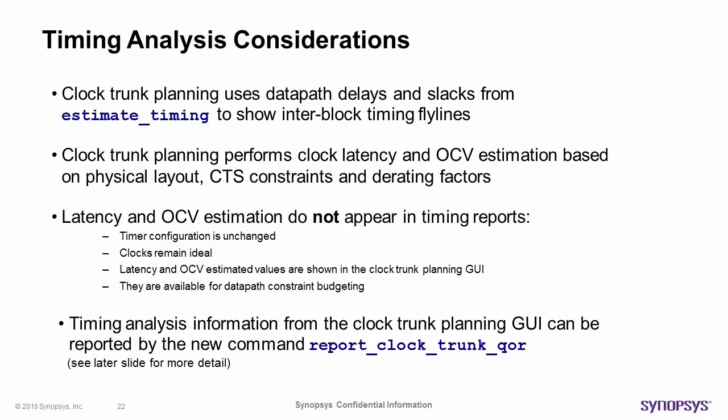Clock remains ideal. Latency and OCV estimate values are shown in the clock trunk plan GUI. They are available for data path constraint budgeting. Timing analysis information from the clock trunk planning GUI can be reported by the new command, report clock trunk QoR. We will see it in a later slide for more detail.